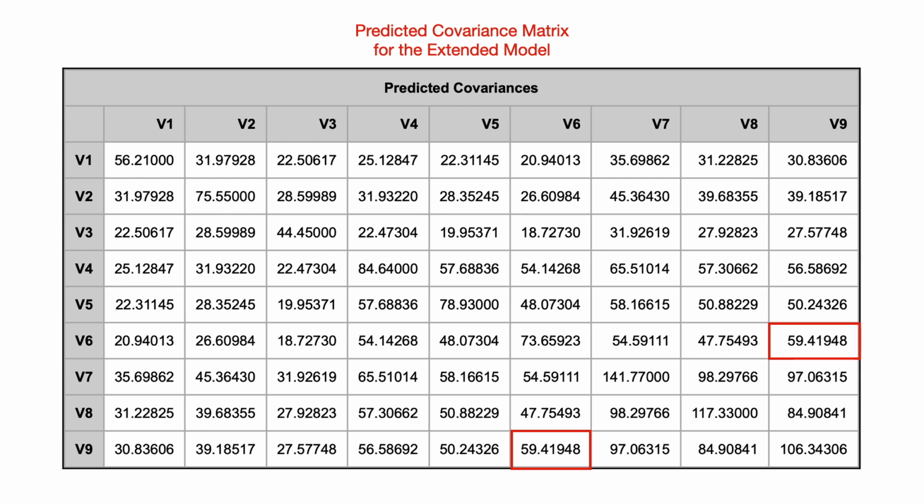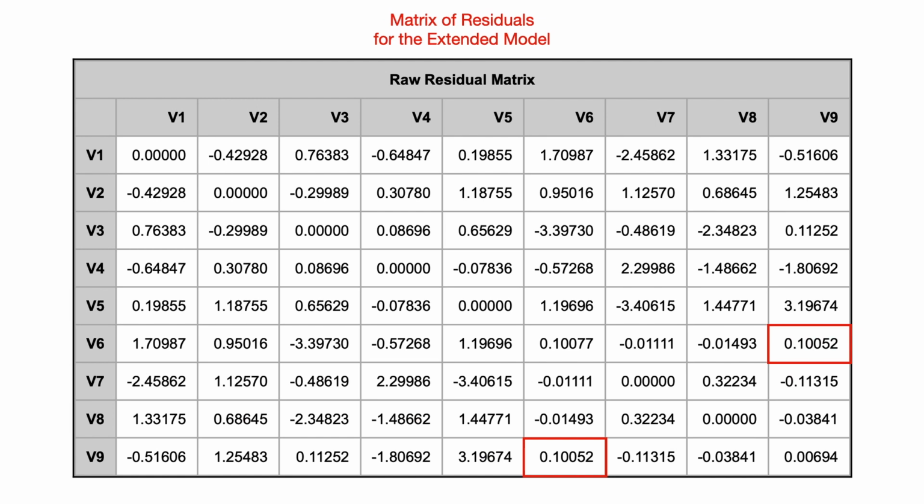Taking the difference, we get a residual value of 0.1. So whereas this residual was a little bit more than 9 for the initial model, for this extended model, we've reduced the residual down to 0.1. Again, the observed sample covariance of V6 and V9 was 12.52, and the predicted value is about 12.42. So we're predicting it very, very well.